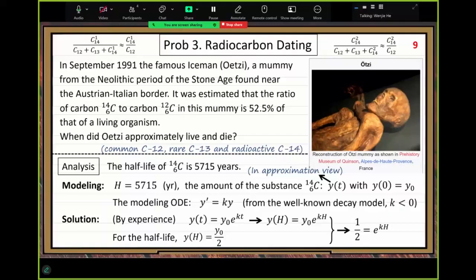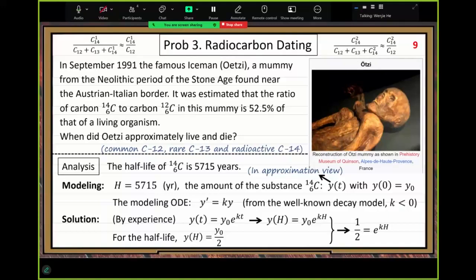But for this question, we don't have to find k, so we can bypass that k. Let's continue, because we haven't used this 52.5% number.